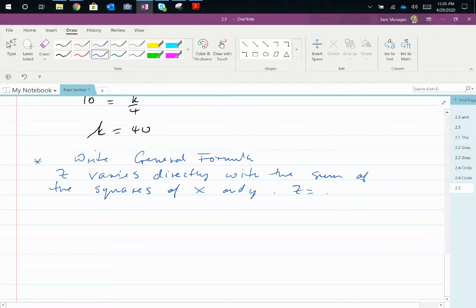Z is equal to 10, x is equal to 2, y is equal to 6. So let's write our variation. This is a direct variation.